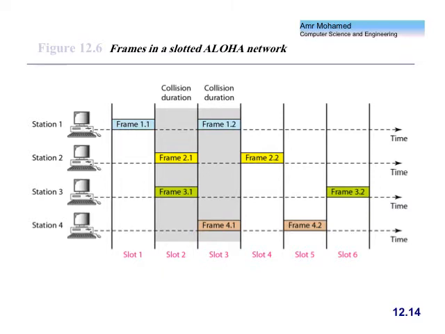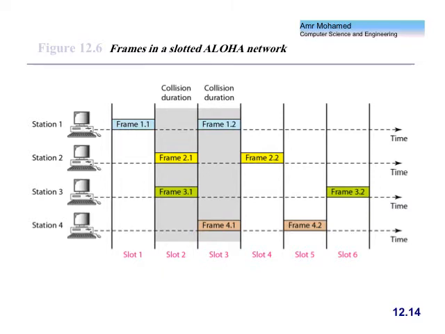The second mechanism, slotted ALOHA, tries to resolve that slightly by restricting the nodes to send only in specific time slots. So if a node has a frame, and this is the beginning of the time slot, then the node sends right away.